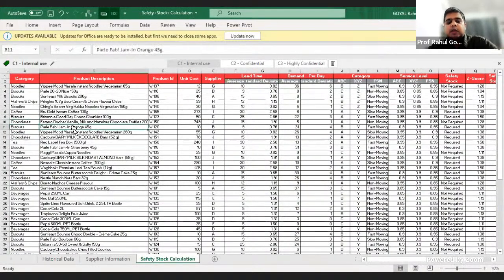Okay. So let's look at some of the data, right? This we had seen earlier also when we spoke about ABC, XYZ and FSN classification, right? So we have some categories, so let me filter here.